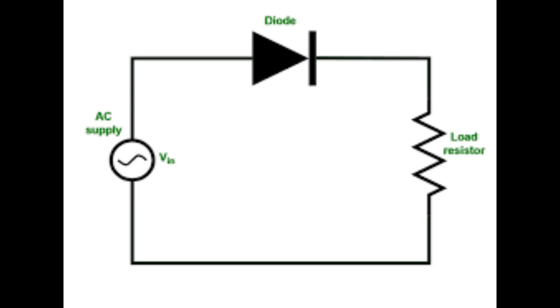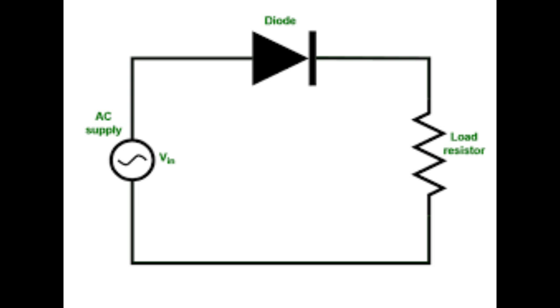For the negative half cycle, when the AC input voltage becomes negative, the anode of the diode becomes negative relative to the cathode. This puts the diode in reverse bias. It acts like an open switch, blocking the flow of current. Ideally, no current flows to the load and the output voltage across it is zero during this half cycle.